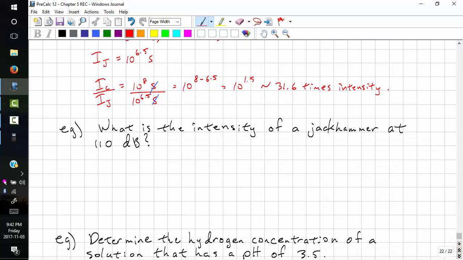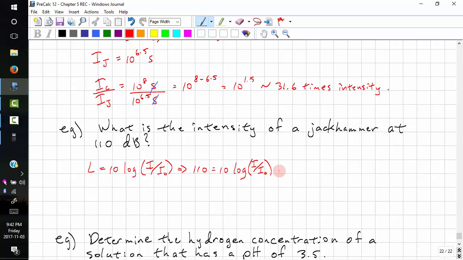Okay, what is the intensity of a jackhammer at 110 decibels? Again, we can use the regular formula. L equals 10 log I over I naught. Substitute. 110 equals 10 log I over I naught.